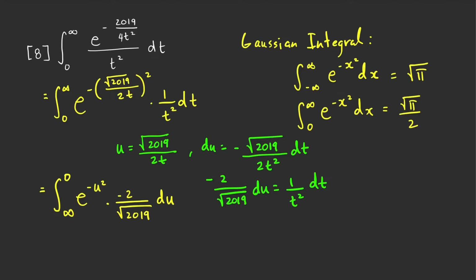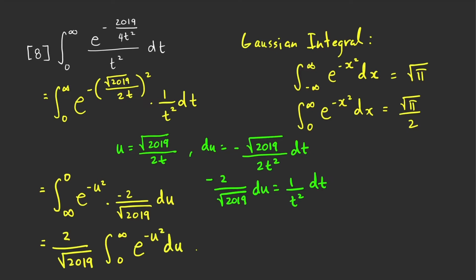And if we interchange these limits of integration, then we have to multiply the integrand by negative 1. So by interchanging these limits, we have 0 to infinity, and we can pull out the constant: 2 over square root of 2019 times the integral from 0 to infinity of e raised to negative u squared du.